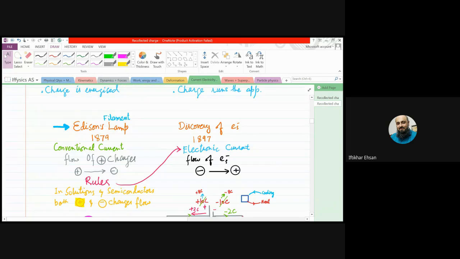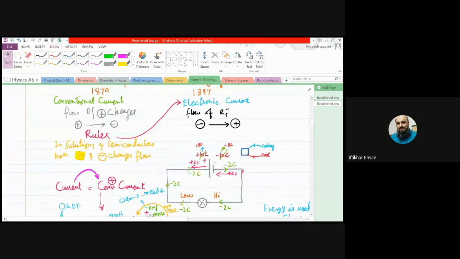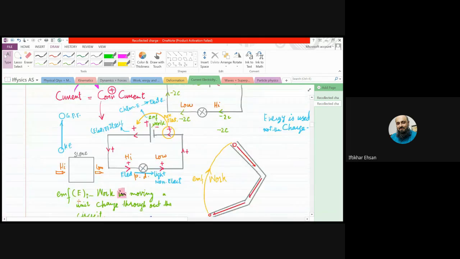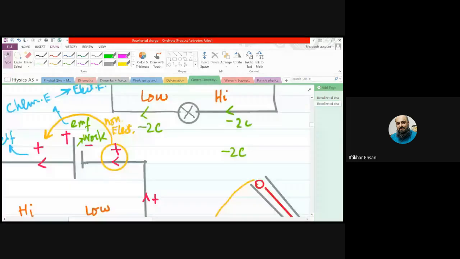And let me tell you why we call this potential difference. Actually, potential means energy, right? What happens when the charges enter an appliance?